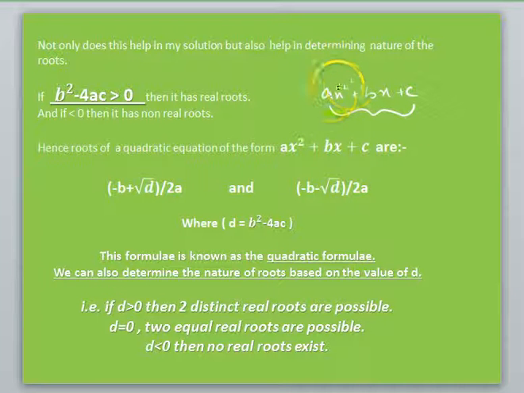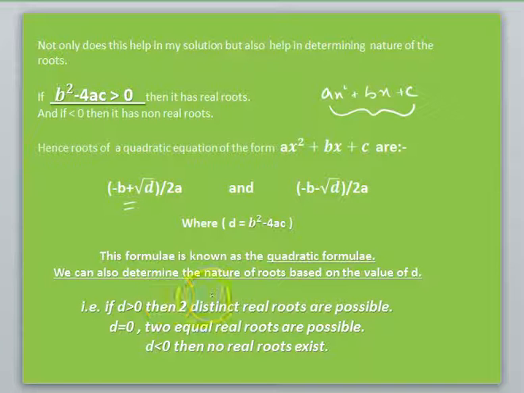Always take care of the signs for a, b and c. It is very important. Hence the roots of the quadratic equation become minus b plus root D by 2a and minus b minus root D by 2a, where D is equal to b square minus 4ac. This formula is known as the quadratic formula.